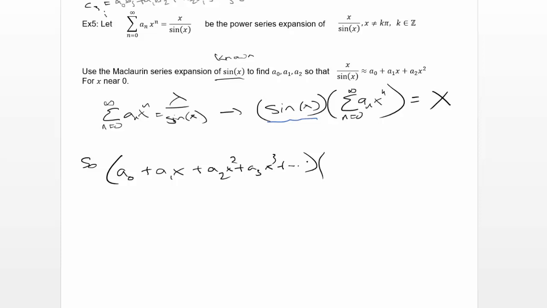You can look this up in the book, or if you recall from one of the previous homework sets, the expansion of sine of x, or writing sine of x as a power series, is of the following form. It is x minus x cubed over 3 factorial plus x to the 5th over 5 factorial minus x to the 7th over 7 factorial, and alternating, so on and so forth.